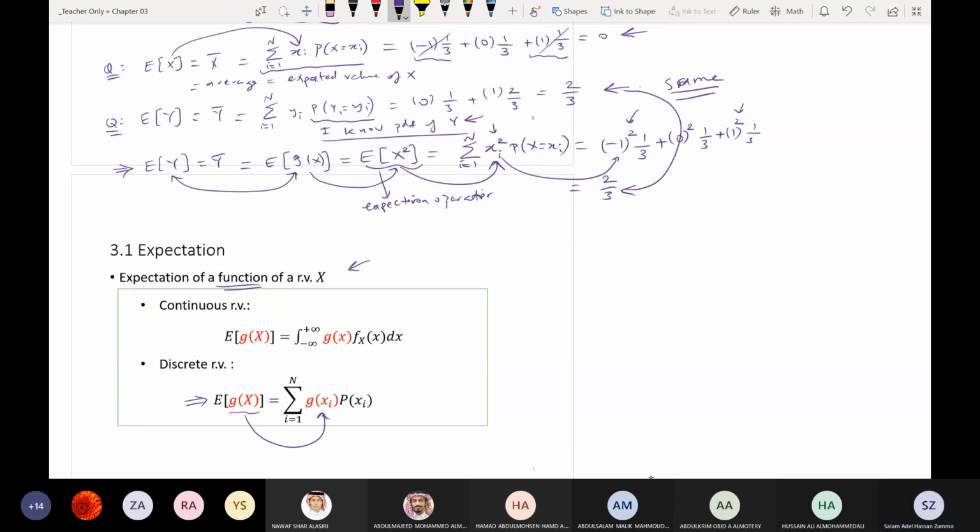For continuous, I take g(x), I replace it here, and then I do the multiplication and the integration.